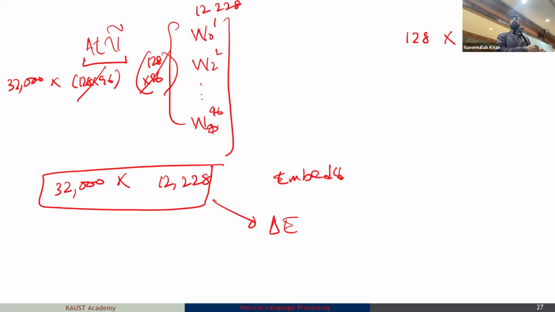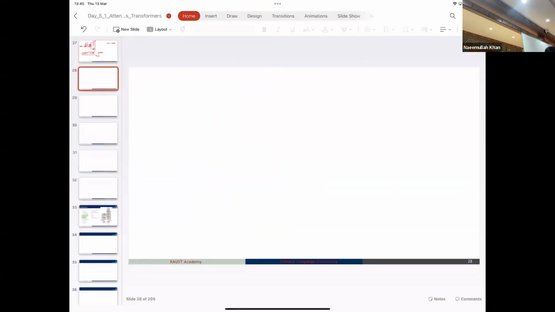Let me write it mathematically as well, so that we know what we are talking about. So I would say that the output embedding for a token at time t is the input embedding for a token at time t, let me just write out and in, plus summation from h equal to 1 to h, which means going over all the heads, summation from t equal to 1 to t, which means going over all the history, and collecting delta E which is imposed at input by token t at head h.